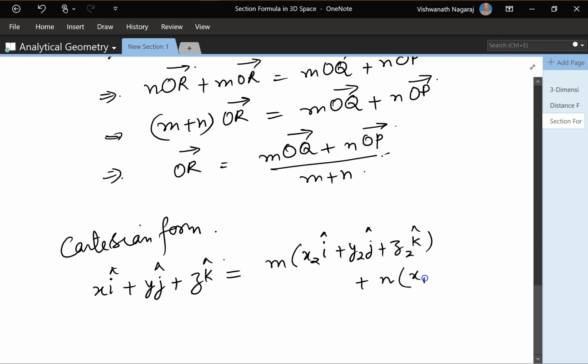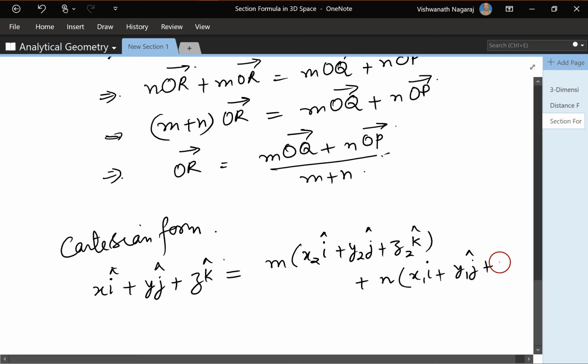OP can be written as x1i plus y1j plus z1k. The whole thing divided by m plus n.